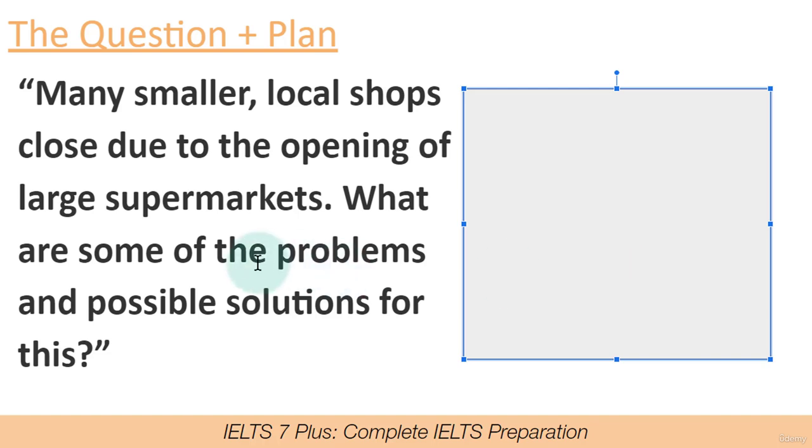So let's have a look at our plan. Supporting paragraph 1. So what are some of the problems? So local shops closing, large supermarkets. Now, one of the great things about large supermarkets is there are probably more and cheaper products, but that's not what we're looking at. We're looking at the problems, smaller and local shops. I would say that these smaller and local shops are better for the local economy, where they're from.